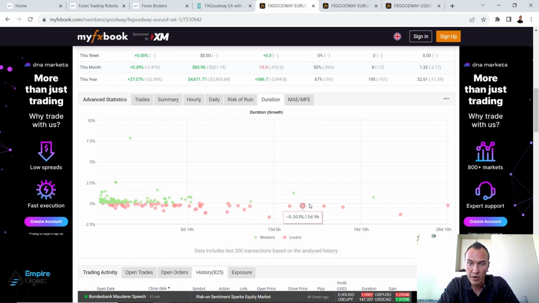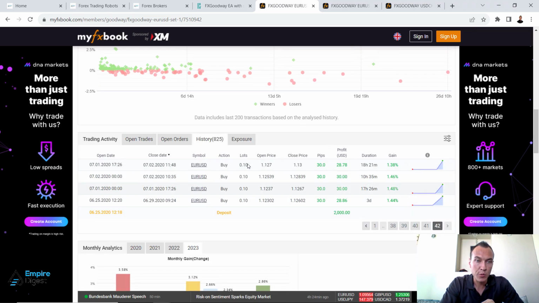Then there are a few trades carrying on for 15 days, 20 days, 22 days, and one trade at about 26 days. So these trades are quite long. I prefer a forex robot that opens and closes the trades within 1 to 2 days, because I don't want to pay overnight swaps. The longer the trade stays open, the more money comes straight out of your profit. And if that trade ends in a loss, it is a loss on a loss.